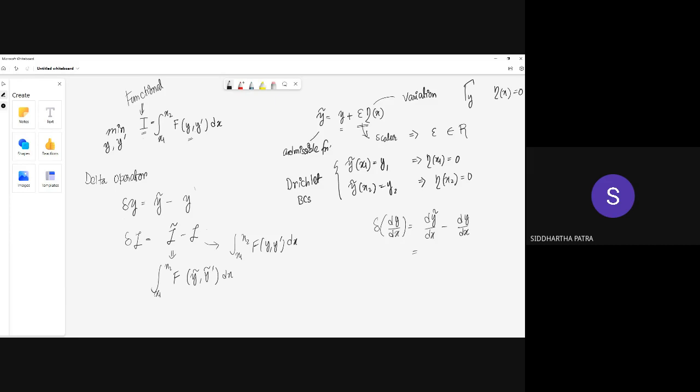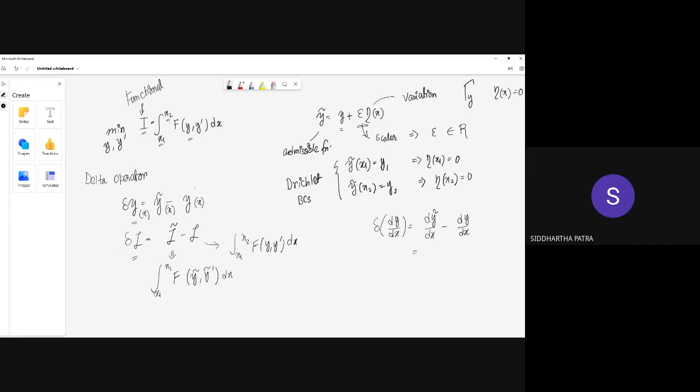So it can operate on a function, and it can also operate on a definite integral. Now I hope you realize the difference between a function and a definite integral. A definite integral is just a number, and it doesn't depend on x. It may depend on the functional form of y, but it doesn't depend on x. And delta y right here is a function itself. It changes with the values of x.